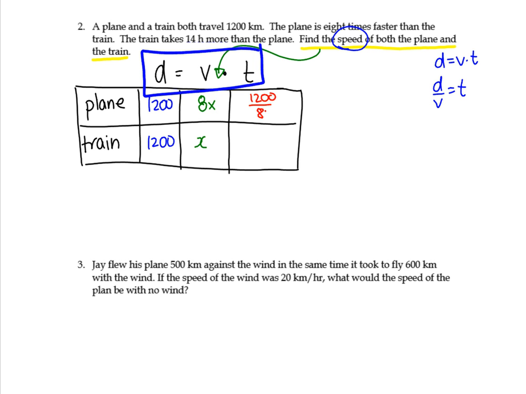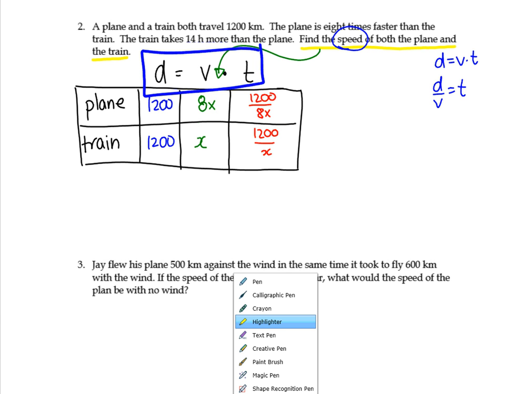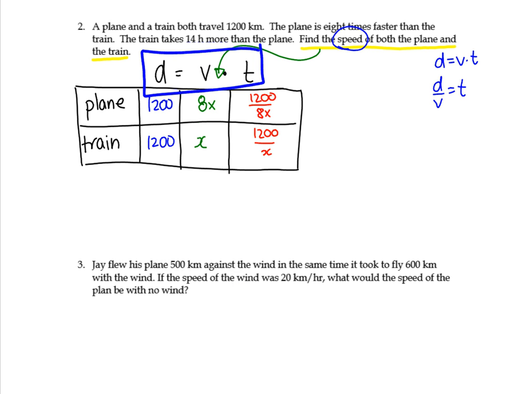1,200 over 8x. We want to make an expression with the third box always using that formula up above. And then train would be 1,200 over x. Once we've made that expression for time, that's when you look back and find the information about time. What information do they give me about the time?